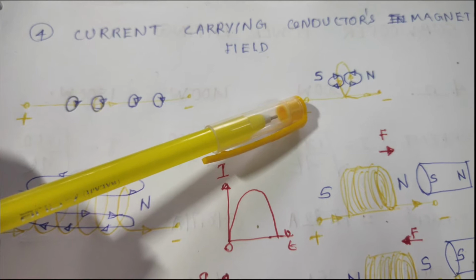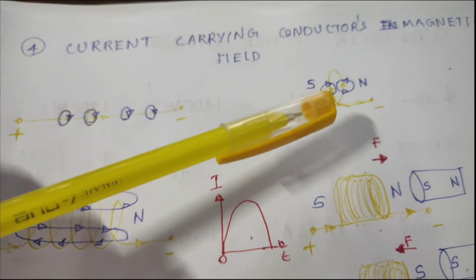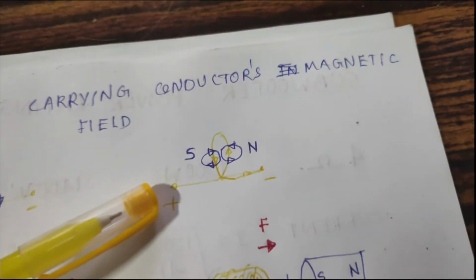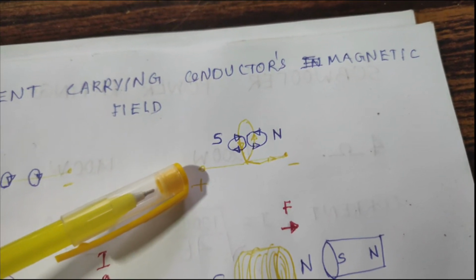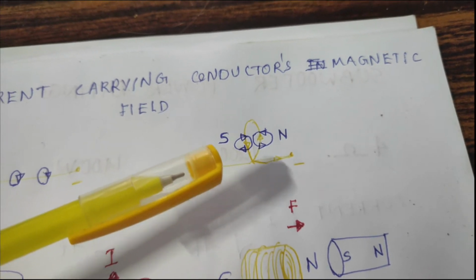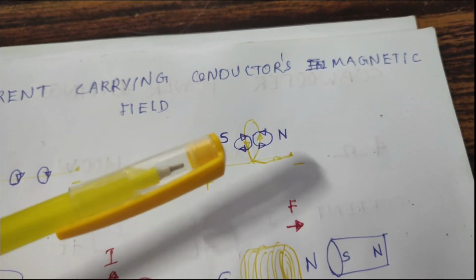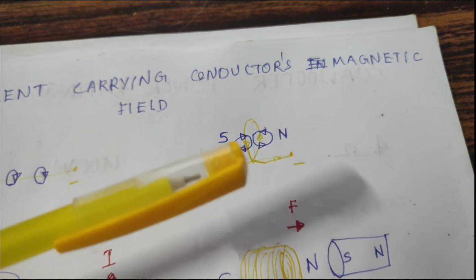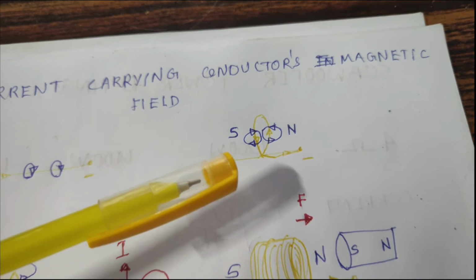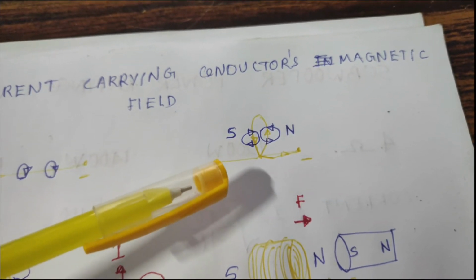If the magnetic field direction is known, from that we can assume there is a south pole and there is a north pole. If the current direction is reversed, then the magnetic poles formed will also be reversed. The previous south pole now becomes a north pole and the previous north pole now becomes a south pole. Effectively, we have successfully created an electromagnet.